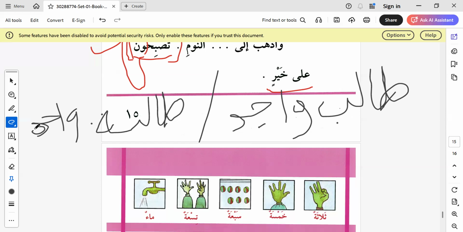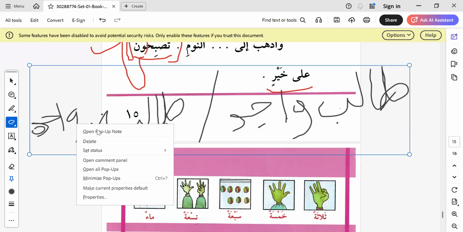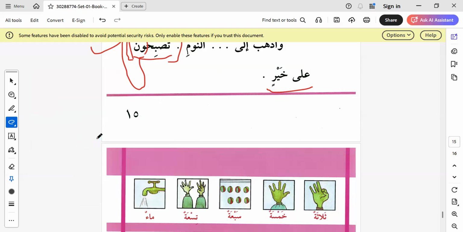Now we want to say 2 students. So in this case, we have the adad, wahid, ma'dud, wahid, and talib. So we can say talibun, and we can remove the wahid. You can say just talibun, talibatun. So you may not necessarily put wahid in this case. 1 student is understood easily. Now for 2 students, we want to say talibani, right?